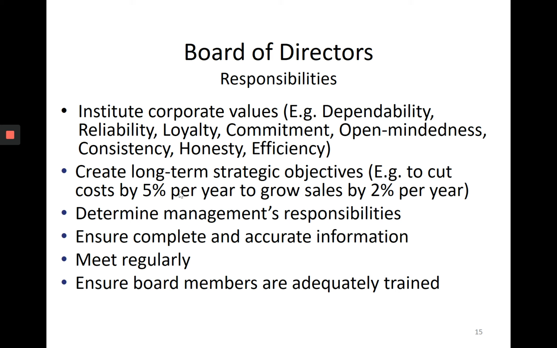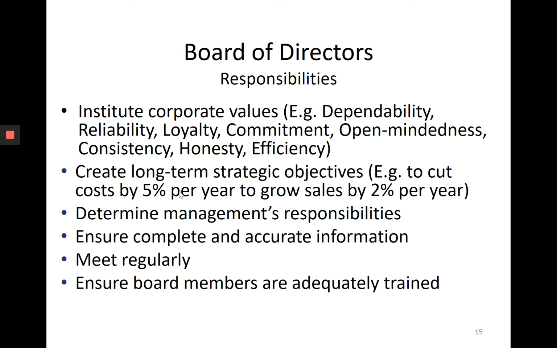Board members are also responsible for creating long-term strategic objectives. An example of a long-term strategic objective is to cut the cost by 5% per year for the next 4 years, or to grow the sales by 2% per year. This is a strategic goal, and the board of directors could set it for a firm and then, together with managers, find ways of achieving these goals.